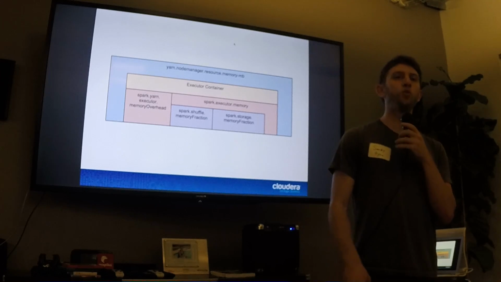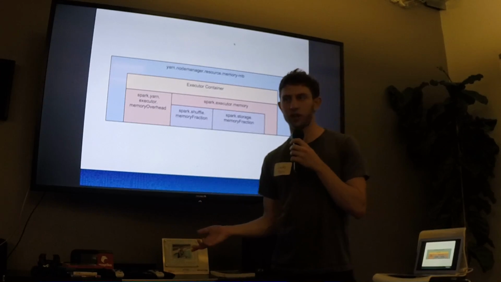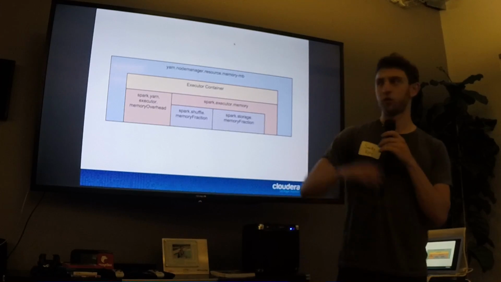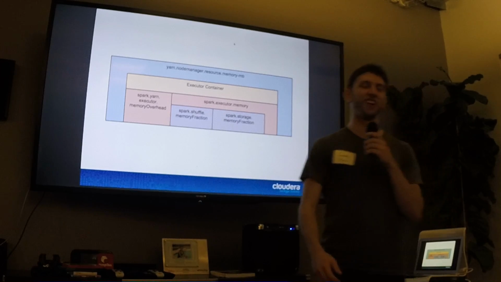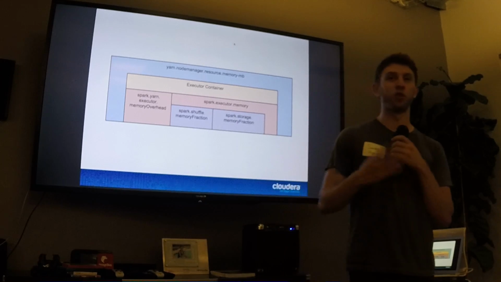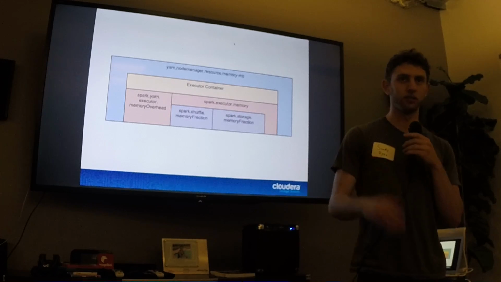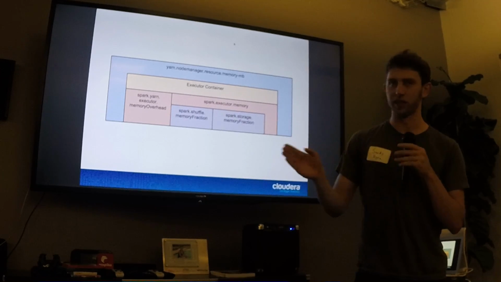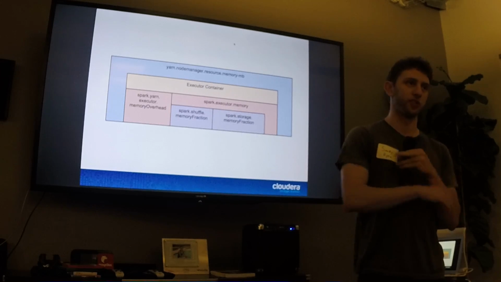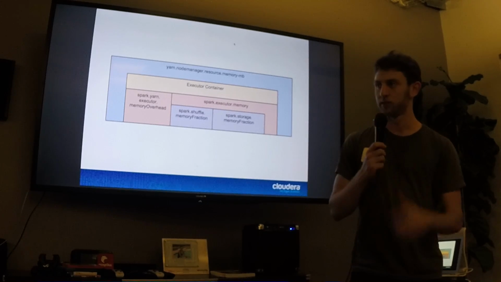We'll cover some situations that can lead you to hit that in a couple of minutes. But usually it's either your fault or it's a Spark bug. Spark somehow isn't tracking memory the way it should, or it's doing it too fuzzily. Or your application is just newing a bunch of huge buffers.